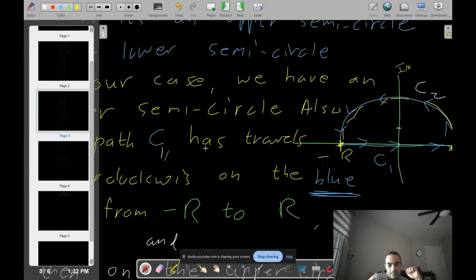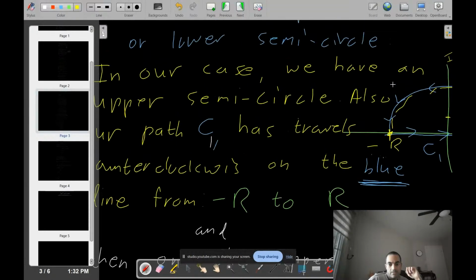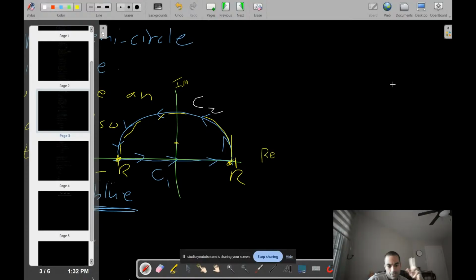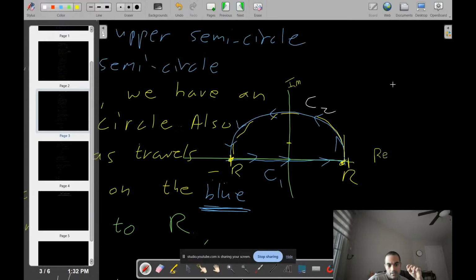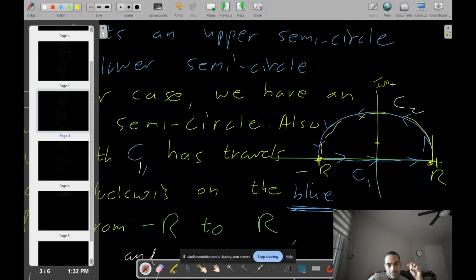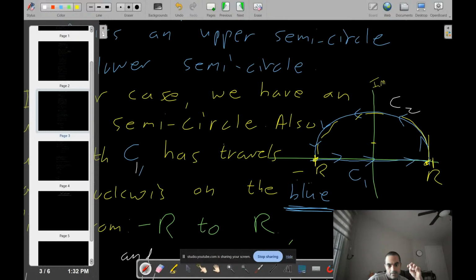On the imaginary axis, there's only z0 equals ia. Since the imaginary axis has to do with all the i's, let's say i times some factor of a.